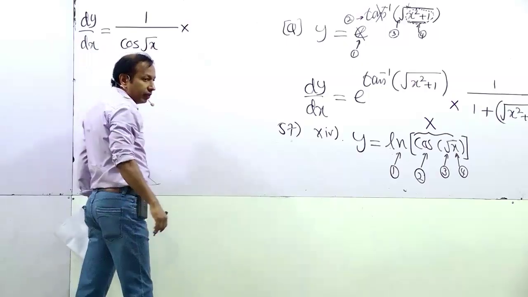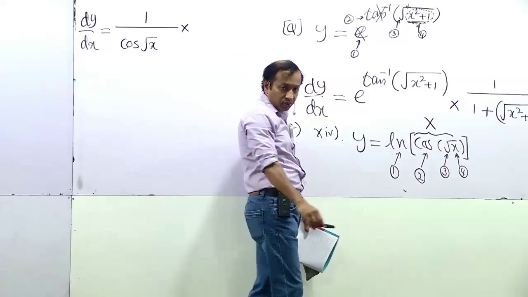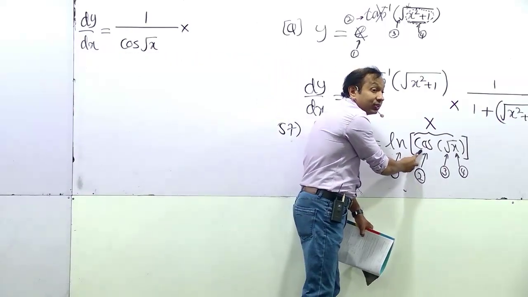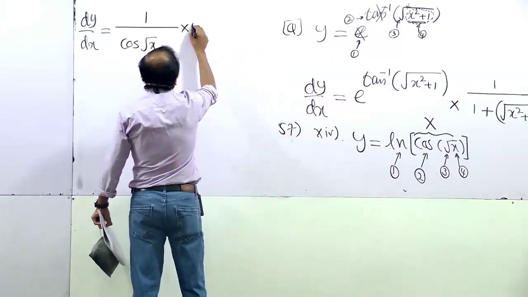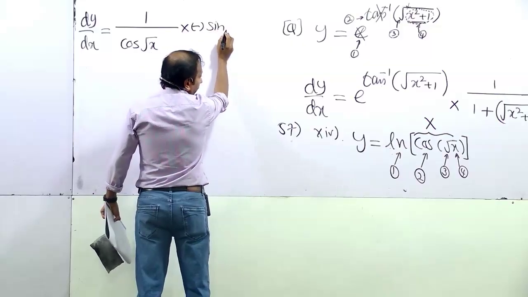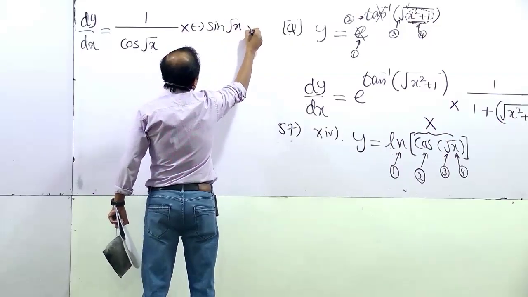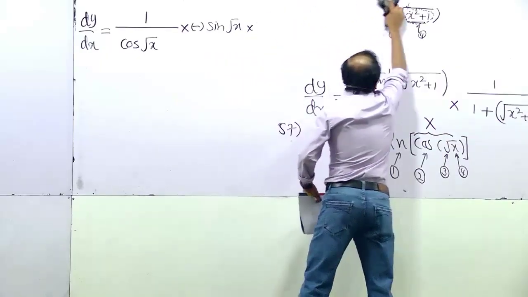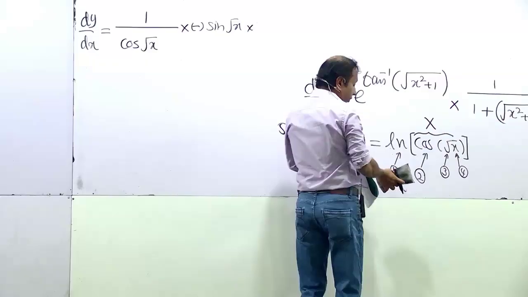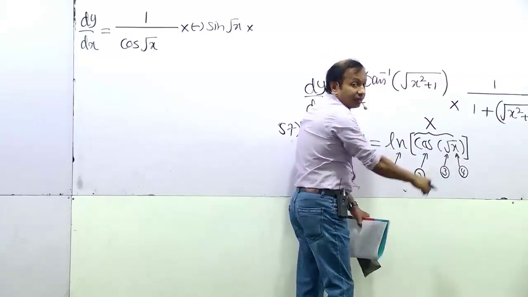Multiplied by the second function. What is the derivative of cos? Minus sine. Right. Minus sine root x. Now the third function, root.